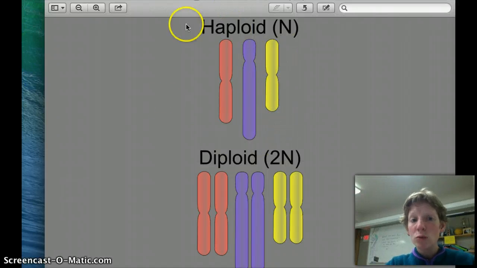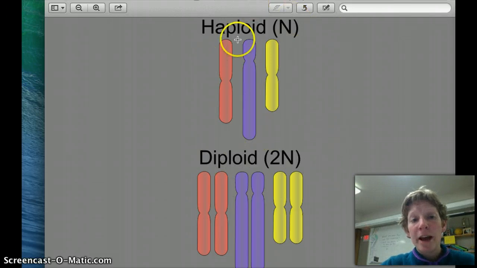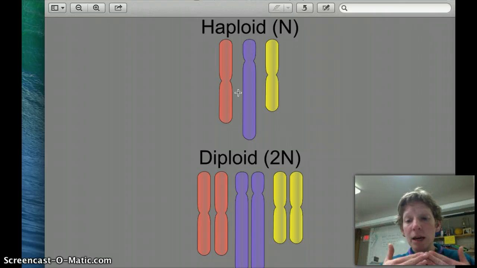And that only occurs in our sex cells, or after meiosis. That is because when we have an egg cell and a sperm cell, we need each of those cells to have 23 chromosomes so that when they come together in fertilization, they have a total of 46.